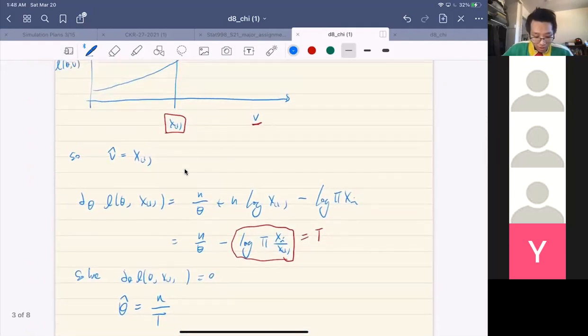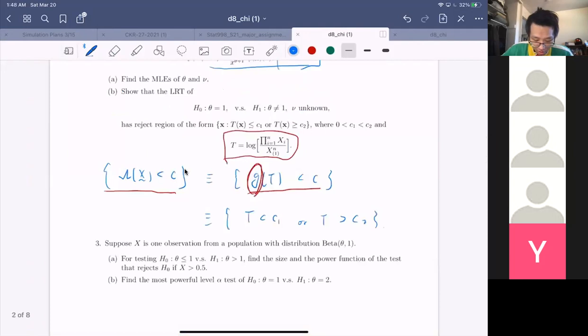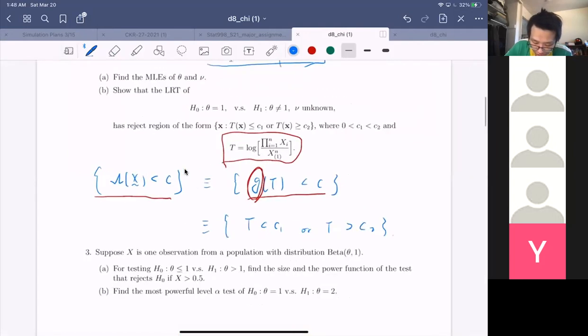Okay, so let's find the likelihood ratio test. We test theta equal to 1 versus theta not equal to 1, and V is unknown.